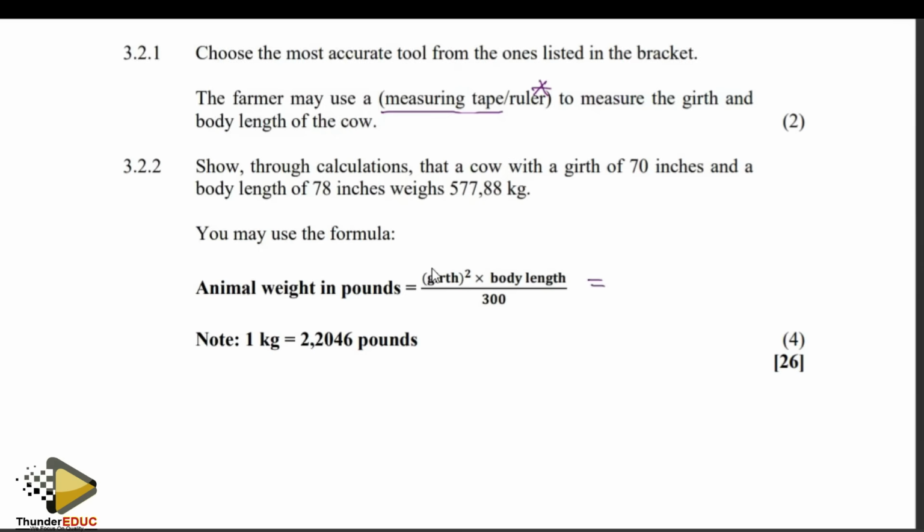The girth they've told us it's 70. You square. The body length is 78 over 300.